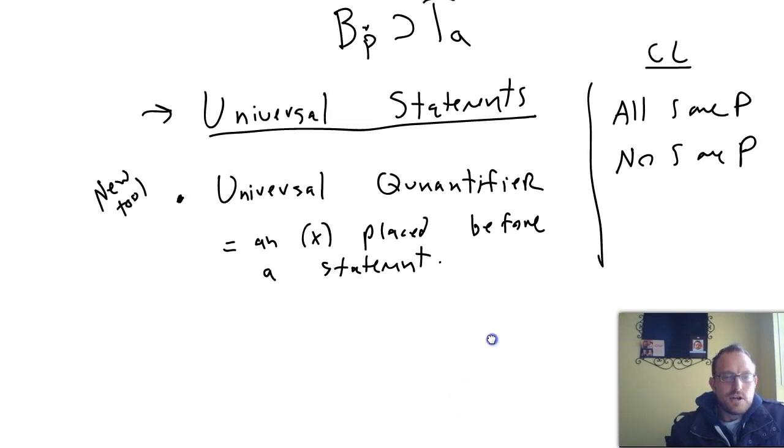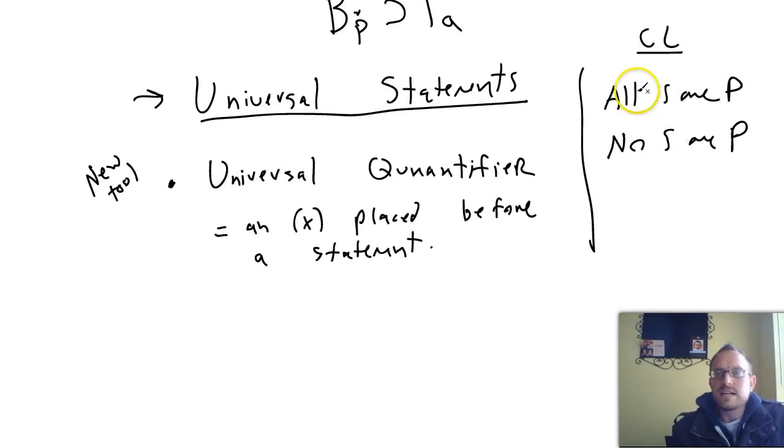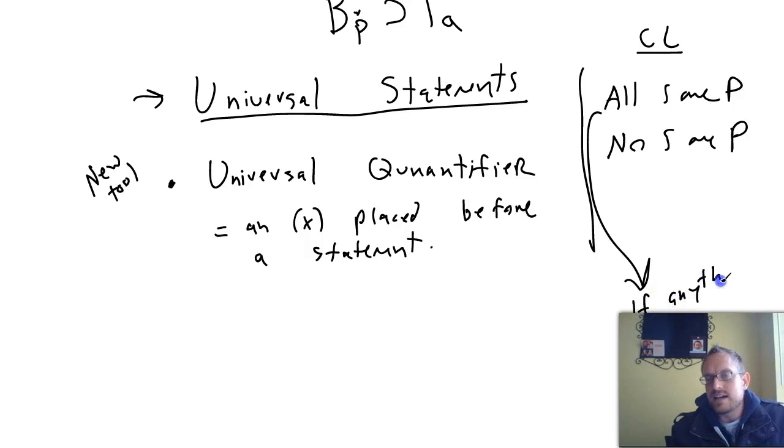So notice here that when I say all S are P, what does that really mean? Well, it really means that if I have an S, that S is always going to be a P, right? Notice the language there. All S are P means if anything is an S, then it is a P, right?